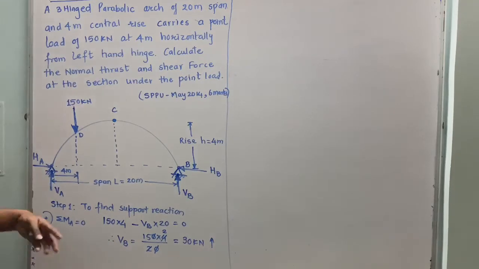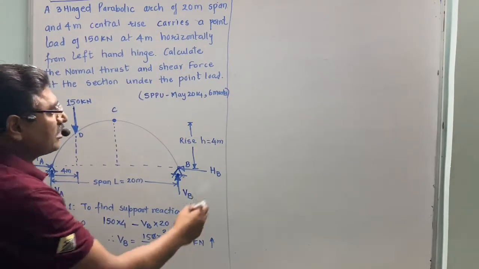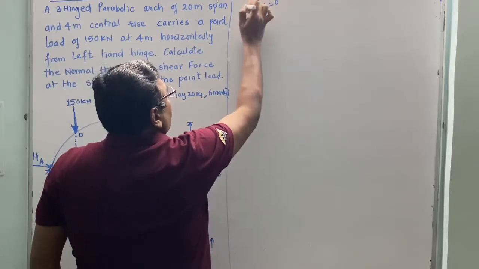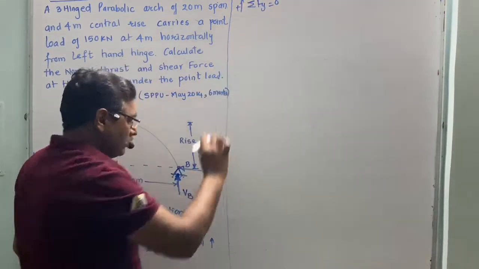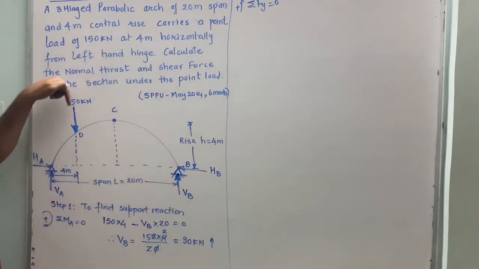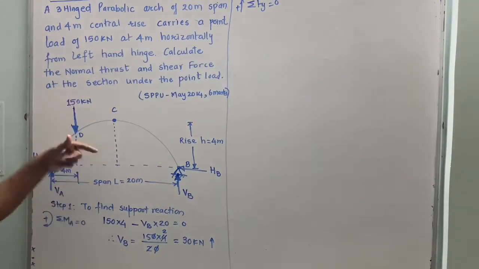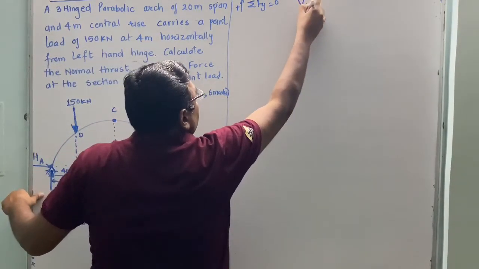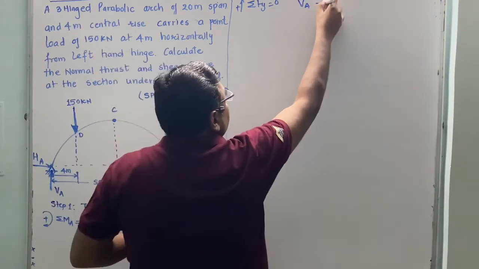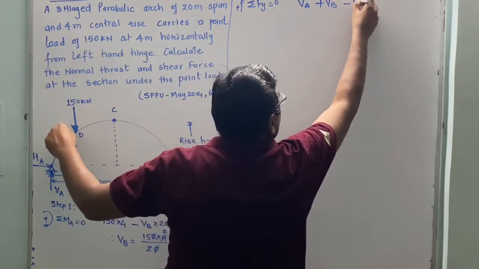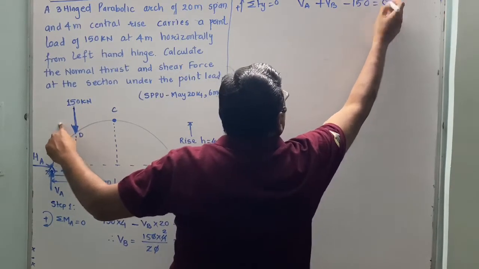Now we'll apply another condition of equilibrium, summation of Fy is equal to 0, and upward is positive. So see here, VA and VB are upward and this 150 is downward. So upward positive, downward negative. I am taking VA plus VB minus the downward 150 is equal to 0.